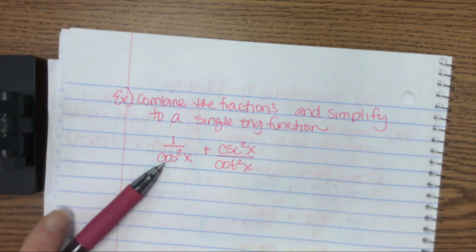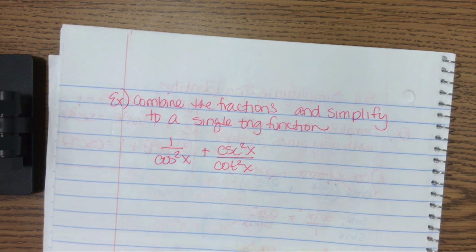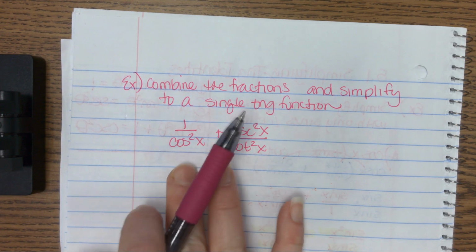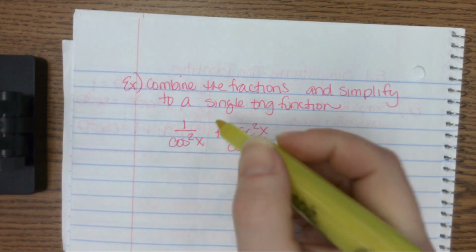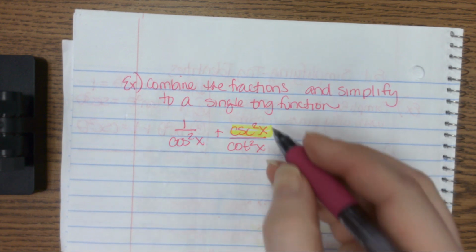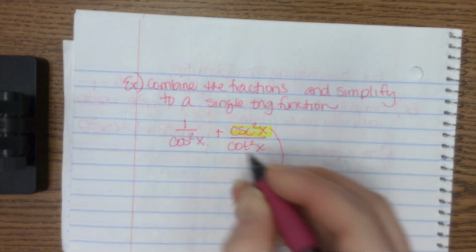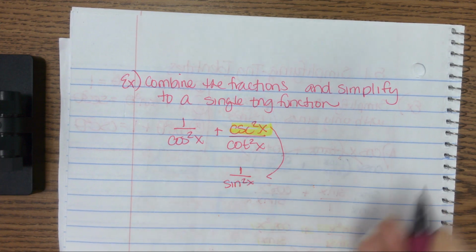I see that this is already 1 over cosine squared, so I'm going to leave this part alone, but I am going to rewrite cosecant squared, and it becomes another fraction. Cosecant squared is 1 over sine squared. So that's going to go right there.